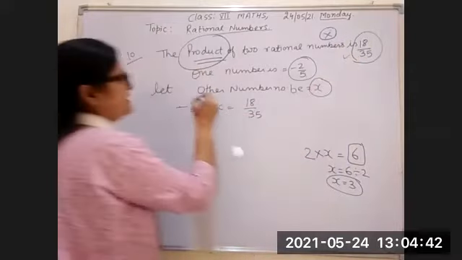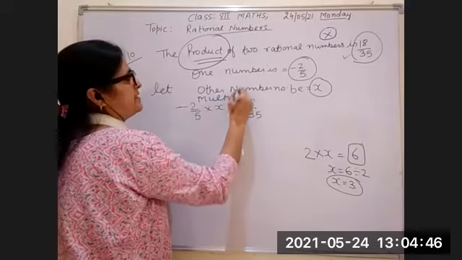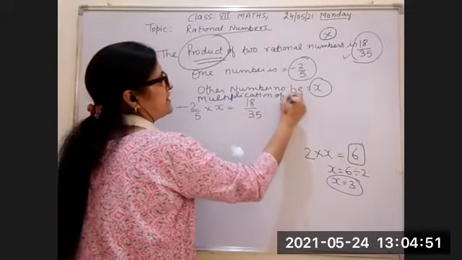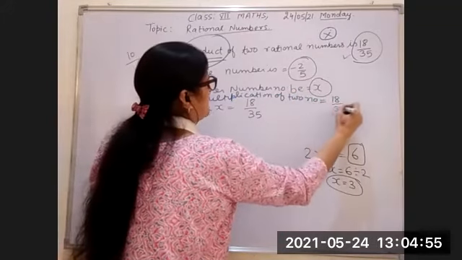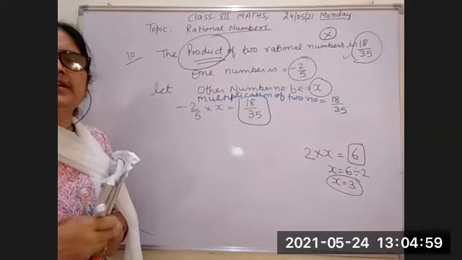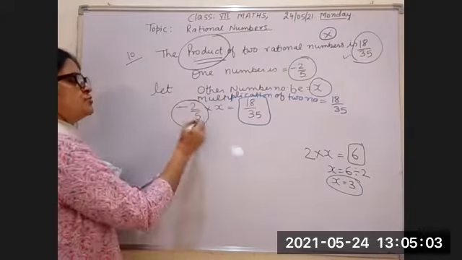The multiplication of two numbers is given as 18 upon 35. I have written here 18 upon 35. Now one number is given as minus 2 upon 5.